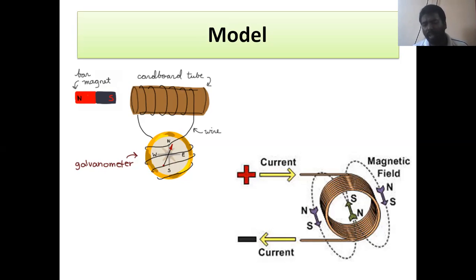By this example we can understand the electric generator. In the olden days, bicycles had a dynamo attached to the tire. When they cycled, the dynamo would rotate, the magnet moved, and electric current was produced.